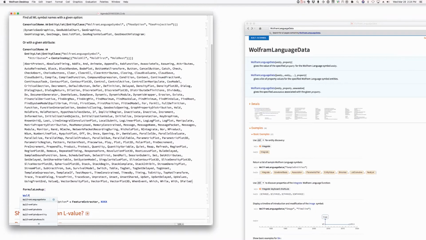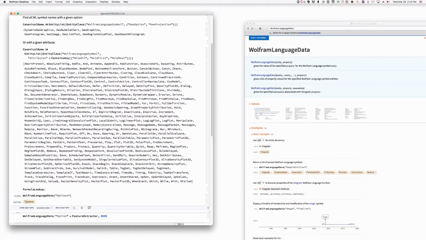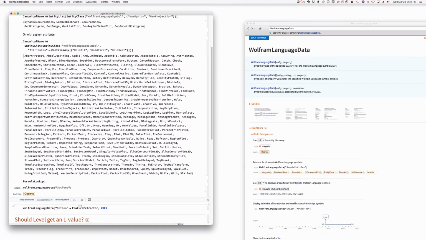What you're saying is that if I say Wolfram Language data of "options", what that's right now going to do is give the entity associated with options, right? Exactly. So the issue here is, can you give a list of entities that have certain features?